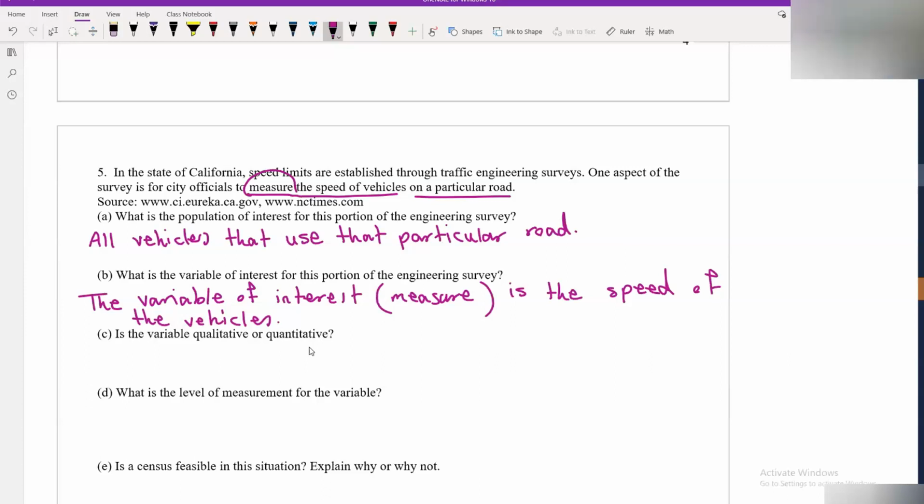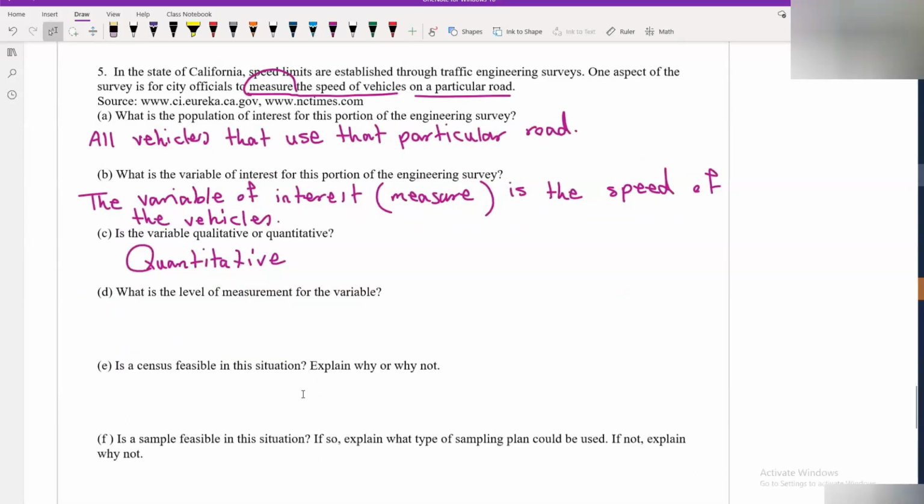Quantitative, because we have a number for that. If we are able to measure speed, that means we are able to say what their speed is, so we are able to count. So this is quantitative. What is the level of measurement for the variable? We have ratio as our level of measurement.